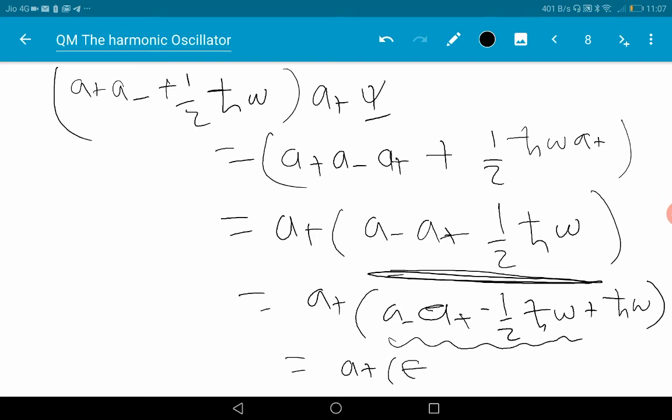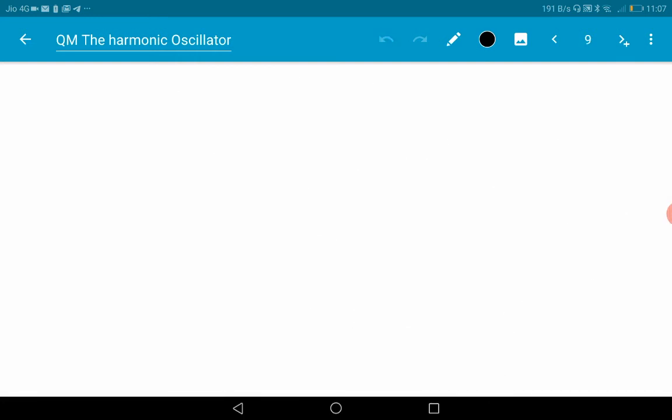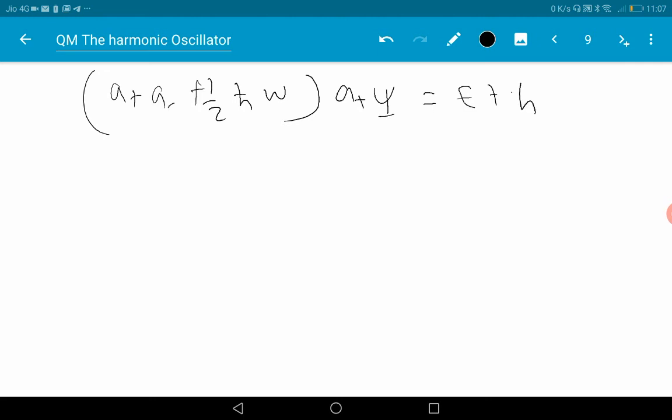So this is E plus h cross omega. I think we forgot psi everywhere, just multiply psi. So what we essentially say is a plus a minus plus half h cross omega a plus psi is E plus h cross omega into a plus psi.